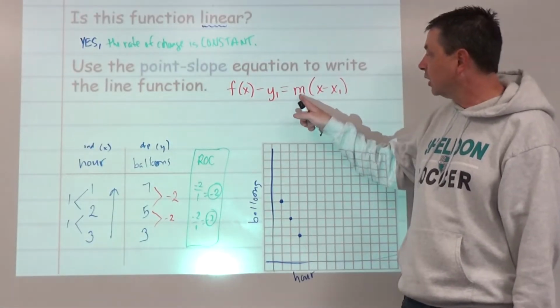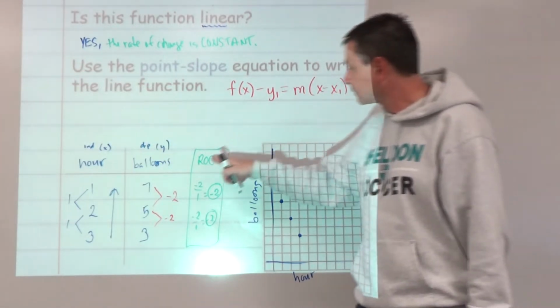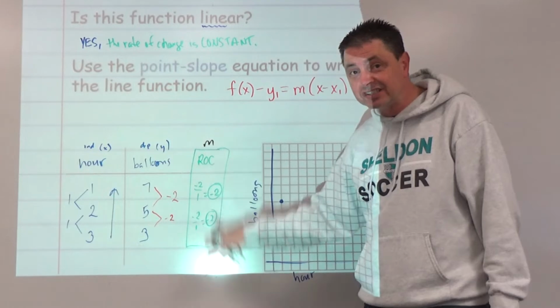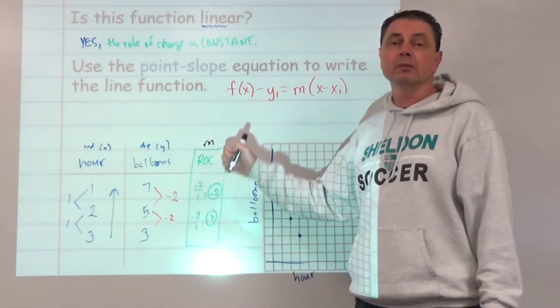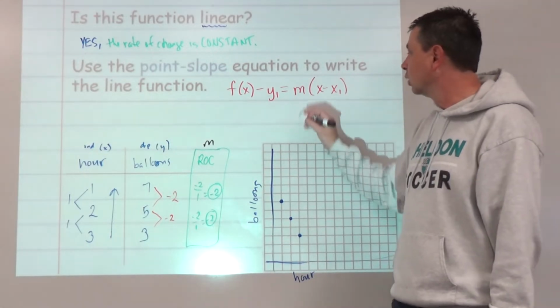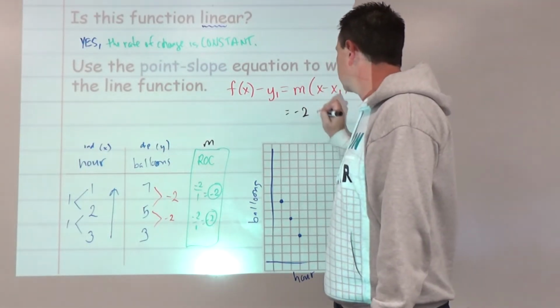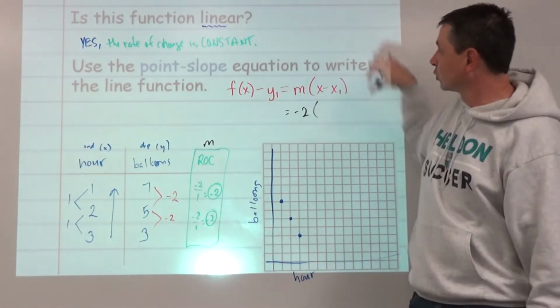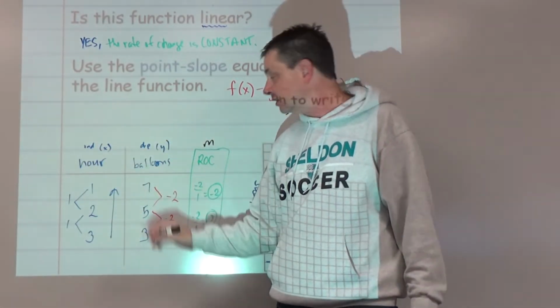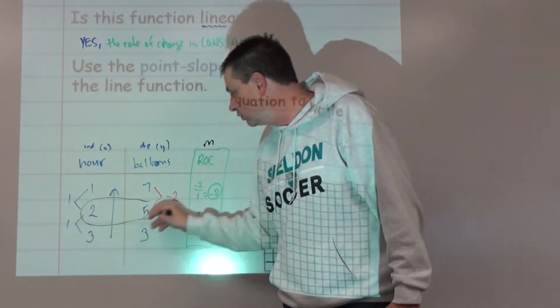Now it turns out that the slope is the rate of change. As long as it's the same number, that becomes the slope because this is linear. So we know that our slope is negative 2. And as far as the rest of it, we get to choose any of these points. So maybe we choose the 2, 5.